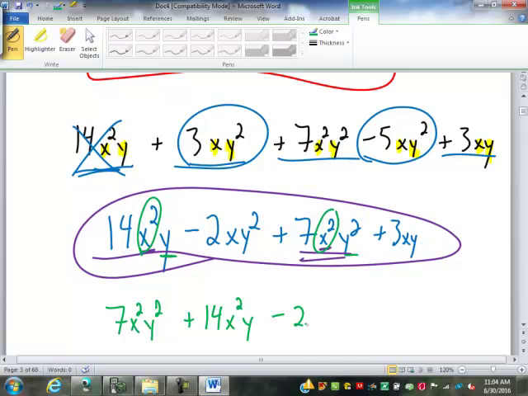And then probably like that. This is actually one where, if you wanted an exact descending order, you'd have to specify which variable, because both x and y do have a power of 2 in them. So you'd almost have to specify, I want it in descending order according to x, which is what I have here, or descending order according to y, which would be slightly different.